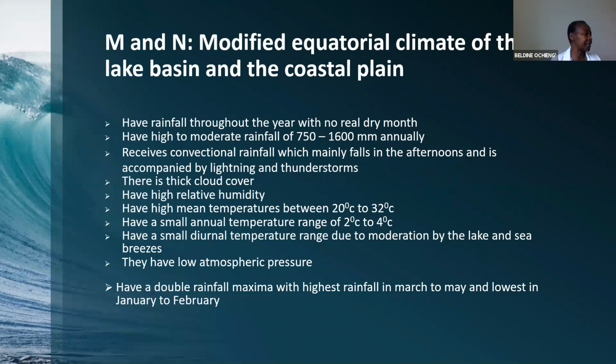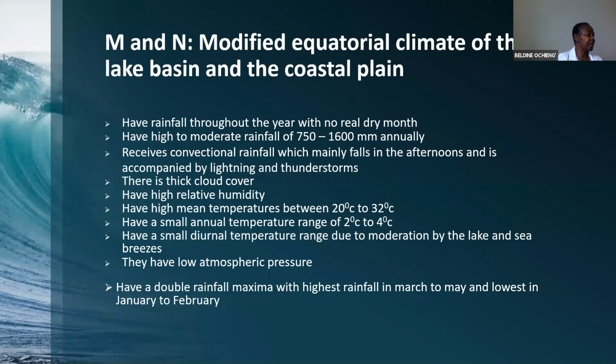You'll get your mark. Three, receives convectional rainfall which mainly falls in the afternoon, and it's accompanied by lightning and thunderstorms. Quite okay because of the convectional currents in the afternoon, maximum heating during the afternoon. Therefore, we'll be having convectional rainfall in these regions.